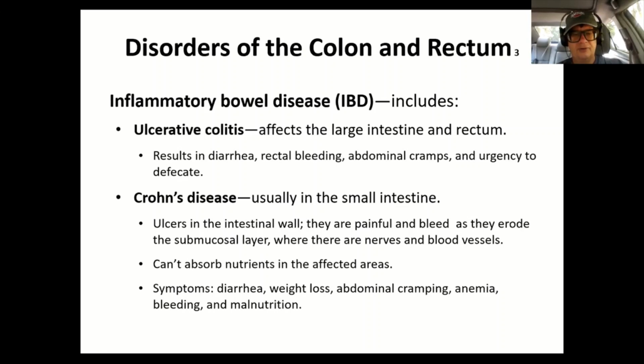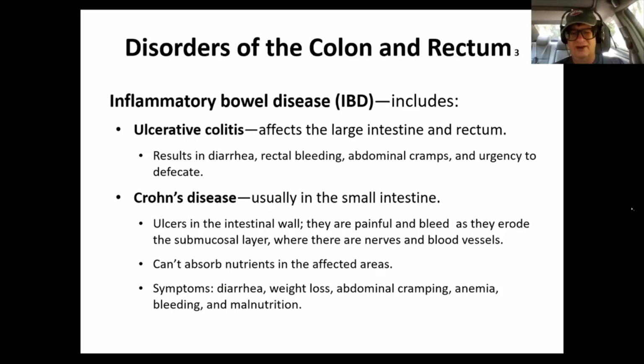All right, so Crohn's disease is more small intestine. It might require bowel resection. Literally, this can kill the intestines. You get ulcers in the wall. They're eating the submucosa. It's horrible pain because a lot of nerves and blood vessels are there. And obviously, you can't absorb nutrients if you have a messed up intestinal wall in the duodenum.